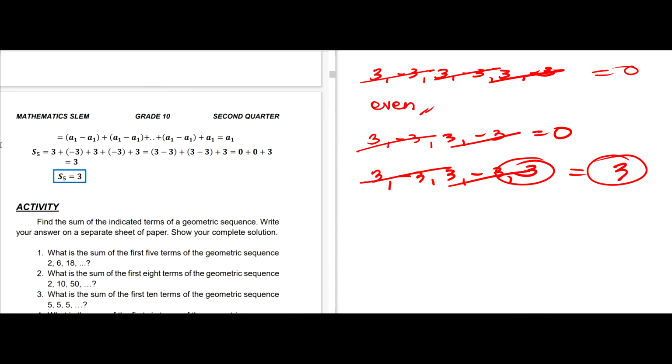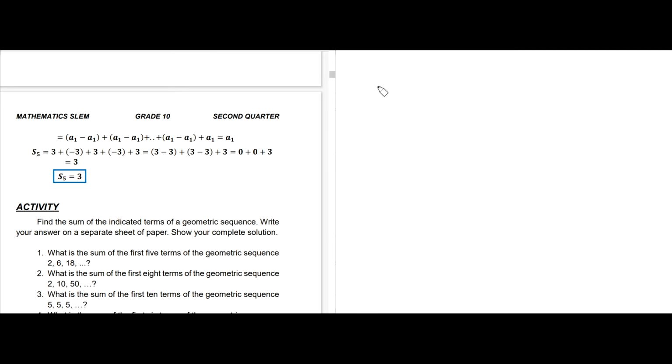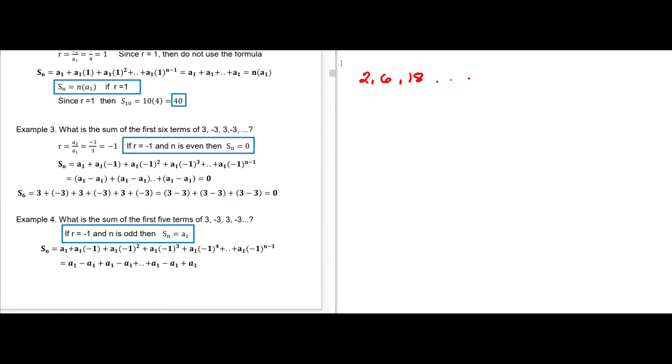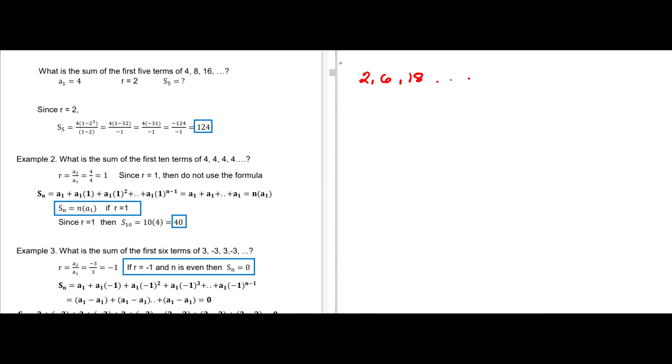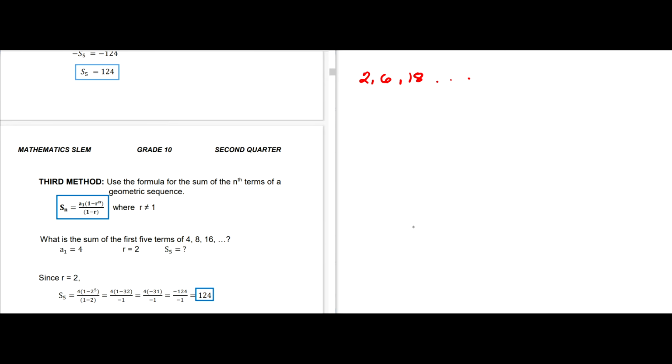Let's try to answer number 1 on this activity. We have here, what is the sum of the first 5 terms of the geometric sequence 2, 6, 18. Ito yung given ko kanina. So, let's just look back to the formula. The formula is S sub n is equal to a sub 1 times 1 minus r raised to n, all over 1 minus r, where r is not equal to 1.